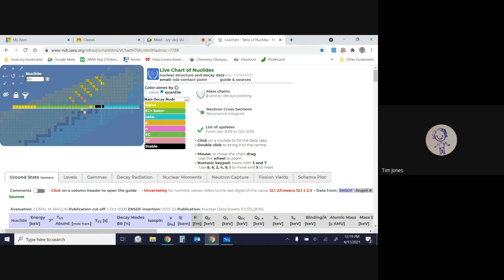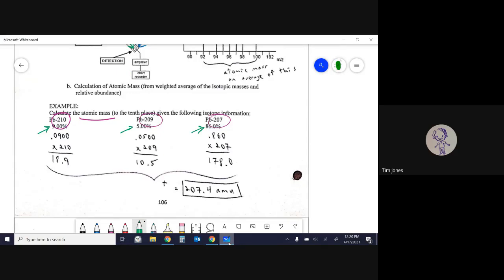So this problem, again, is way simplified, focusing on just 3 isotopes. But I don't think we really want to deal with 40 isotopes in our calculation. It's not hard, it's just time consuming.